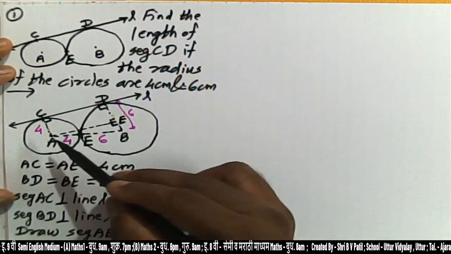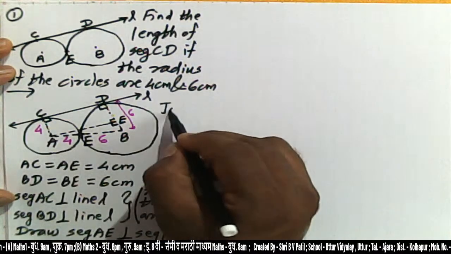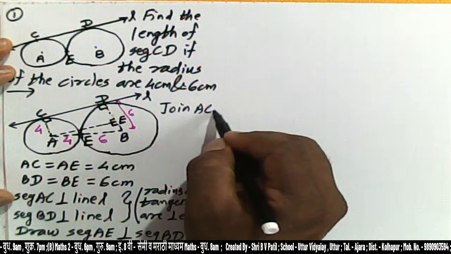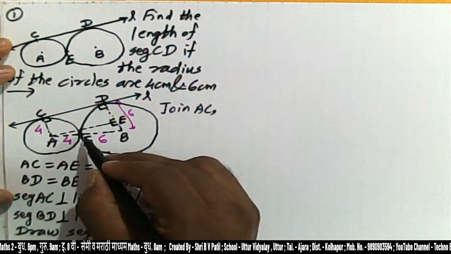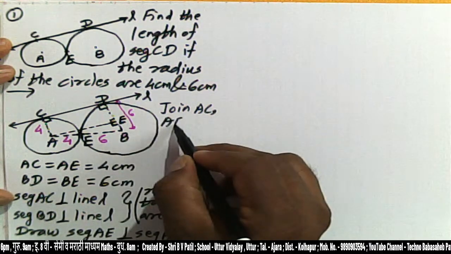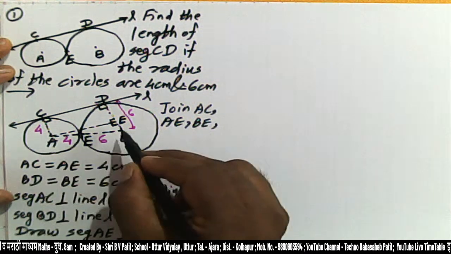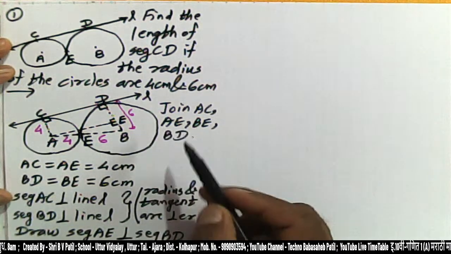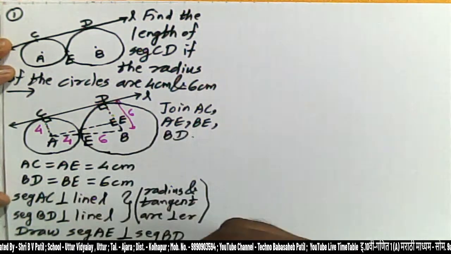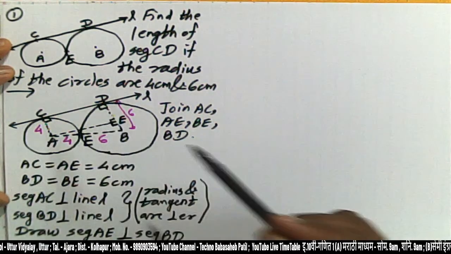Before that, we join segments, join AC, then AB, AE and EB, join AE, join BE and join BD. This is the construction, and here we draw perpendicular AE to segment BE.